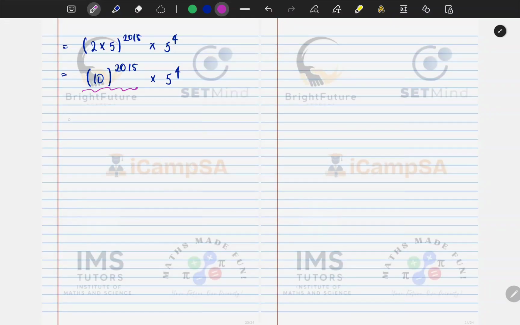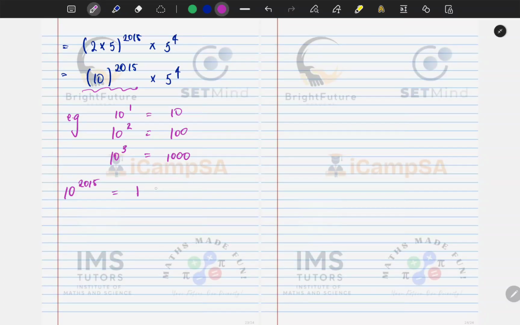For example, if you had 10 raised to the power of 1, this would have been 10. If you had 10 raised to the power of 2, it would have been 100. If you had 10 raised to the power of 3, it would have been 1000.